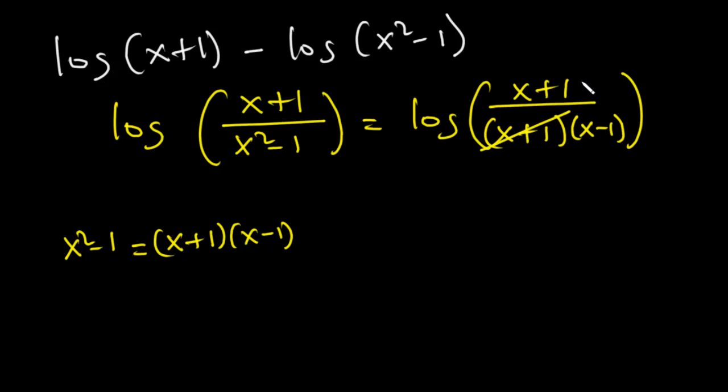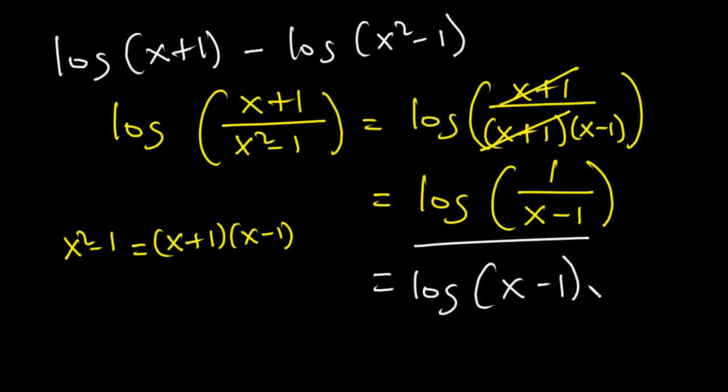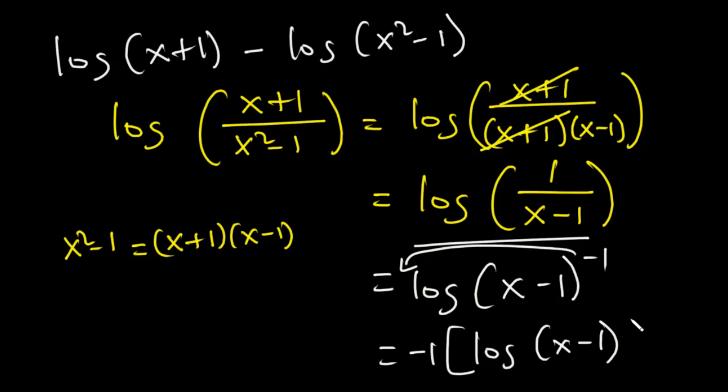Now x plus 1 cancels x plus 1, and then we have log 1 over x minus 1. According to indices, we can rewrite this as log x minus 1 exponent negative 1, and then we will transfer negative 1 behind the log, so that we have negative 1 into brackets log x minus 1, and this happens to be the final answer.